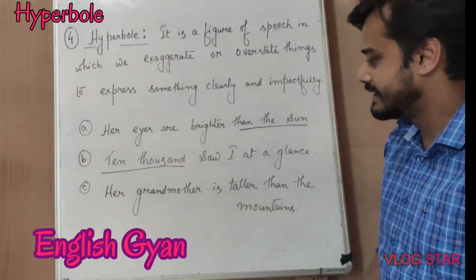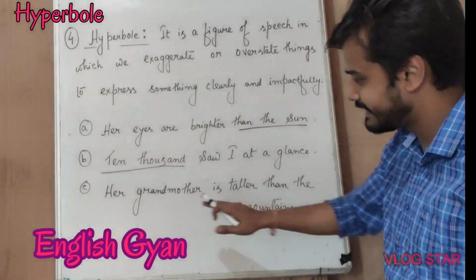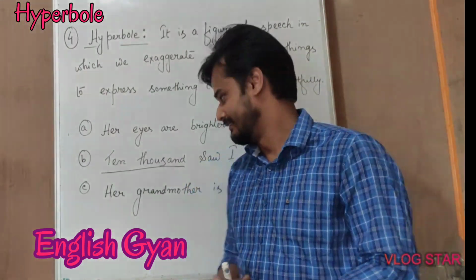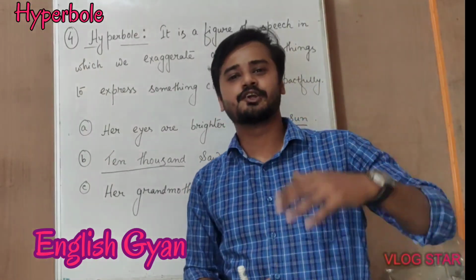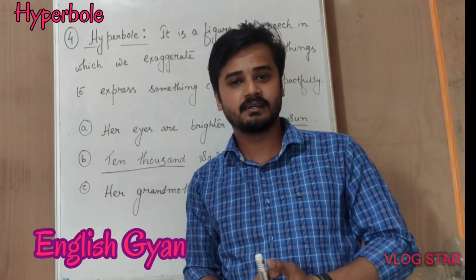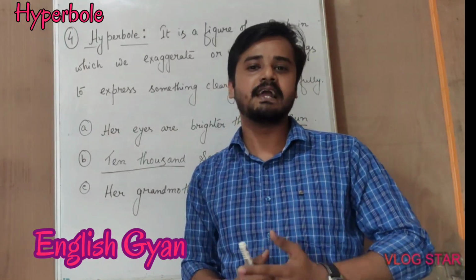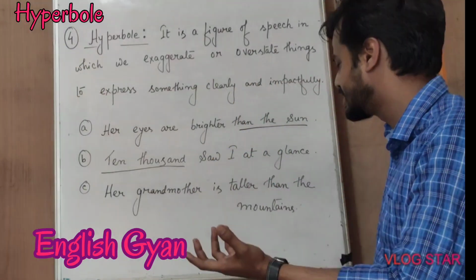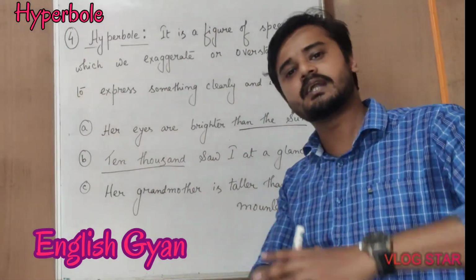Okay, and the last sentence, her grandmother is taller than the mountains. Here I am talking about an old lady, someone's grandmother. She's very tall. And in order to convey the idea that she is very tall, we are taking the help of exaggeration. We are saying that she is taller than the mountains.